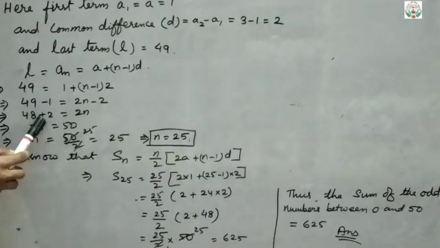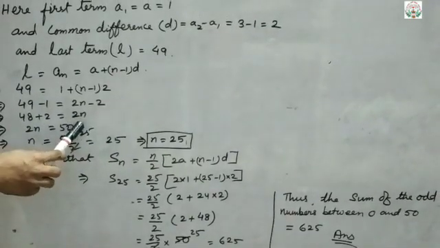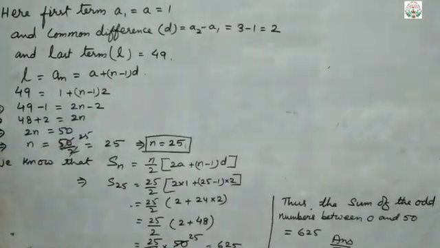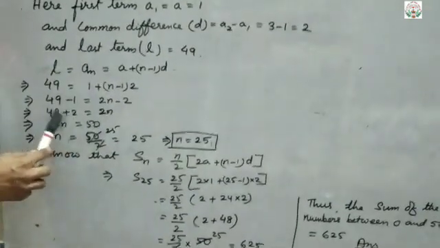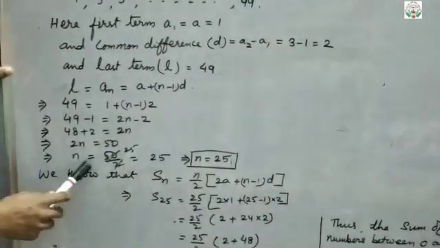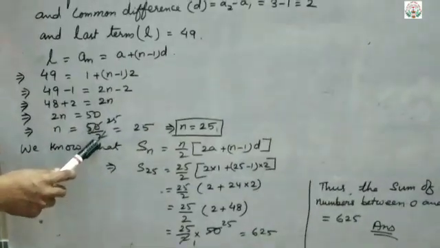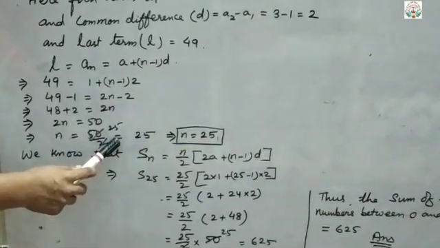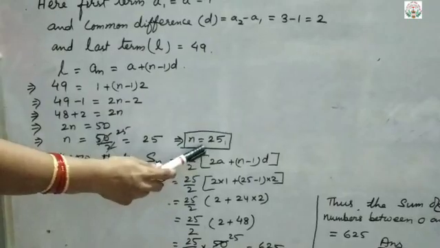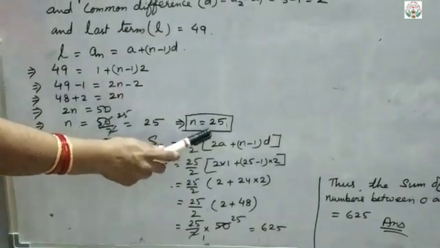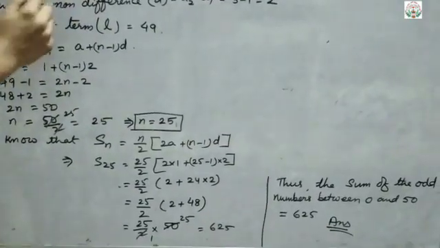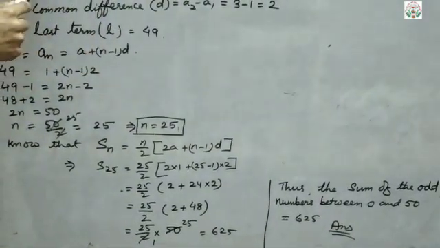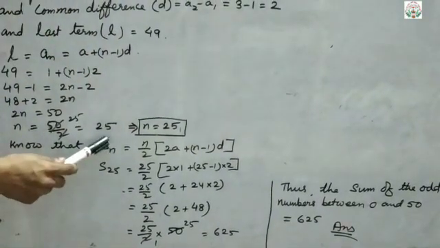So 48 plus 2 equals 2N. This implies 2N equals 50, because 48 plus 2 is 50. So N equals 50 upon 2, which gives 25. So we got the N value as 25. After getting the N value, we know there are 25 terms in this odd number series.